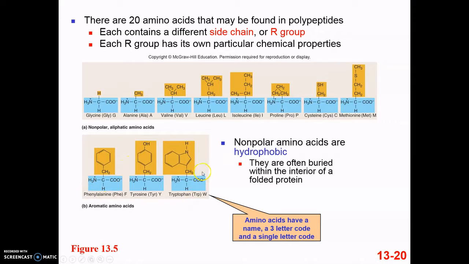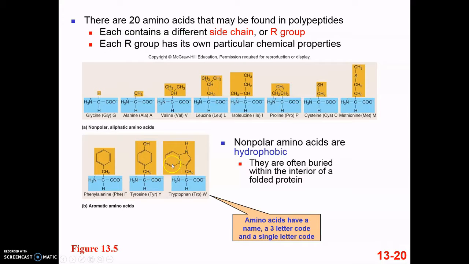All right, here we have another group. This is a group that we can call the aromatic amino acids. These are also nonpolar in nature in that they are hydrophobic. But these have a particular unusual ring structure present in them that has double bonds.